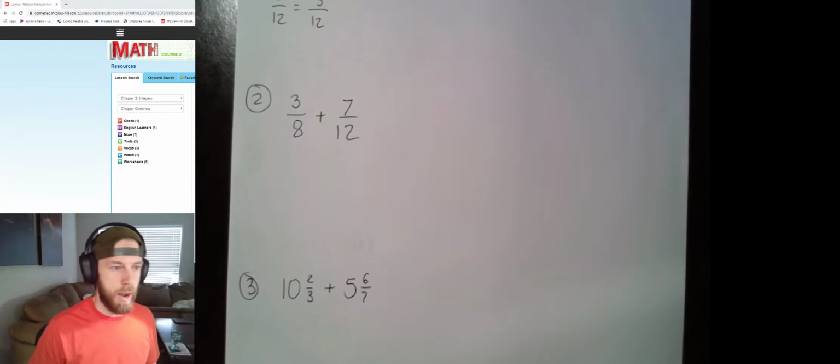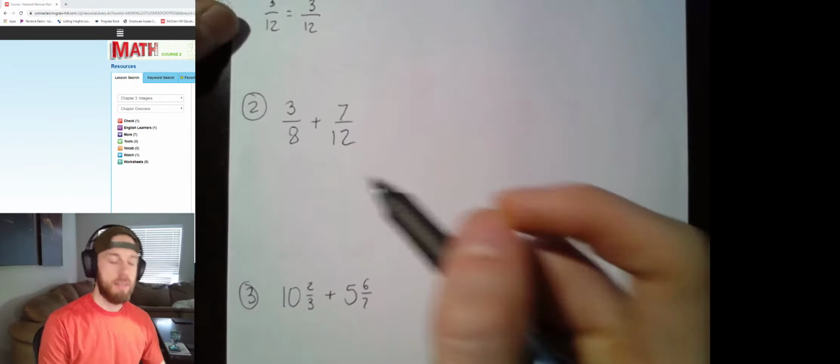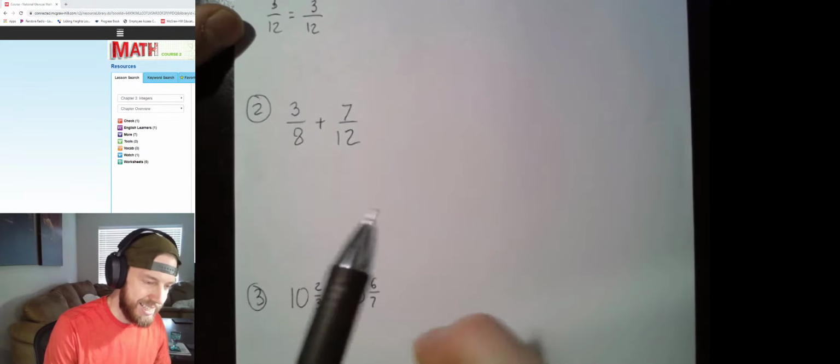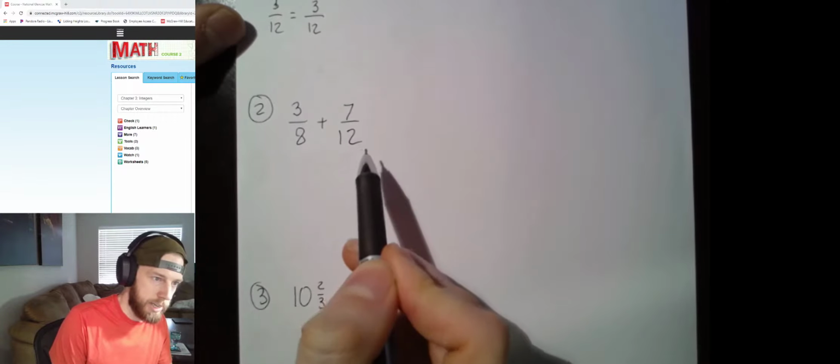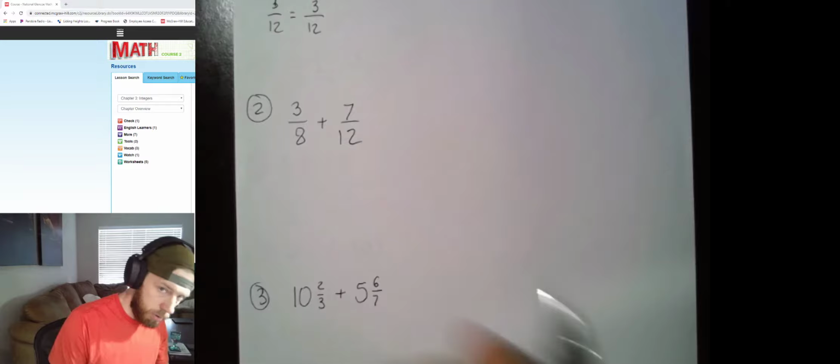Pause the video, try it out. And you're back, hopefully. 3/8 plus 7/12. You need to find a least common multiple between 8 and 12 so you can combine these fractions, which are both less than 1. Again, my favorite way, stack them and rack them.